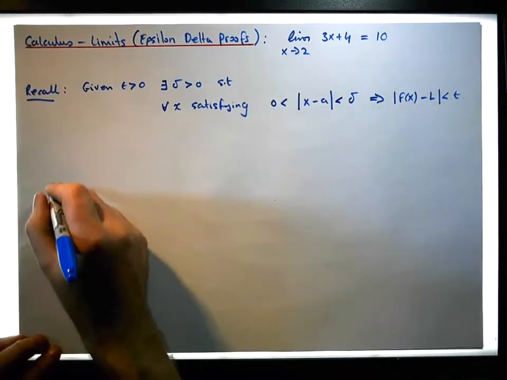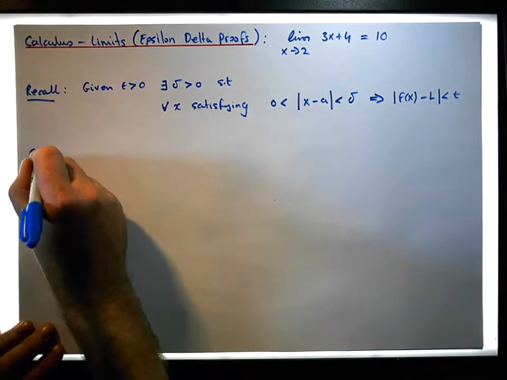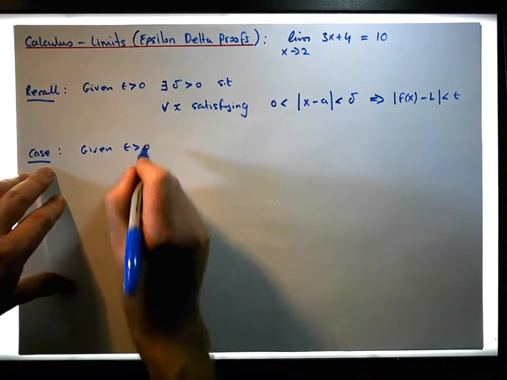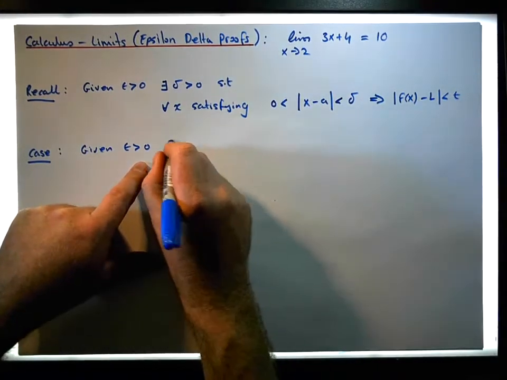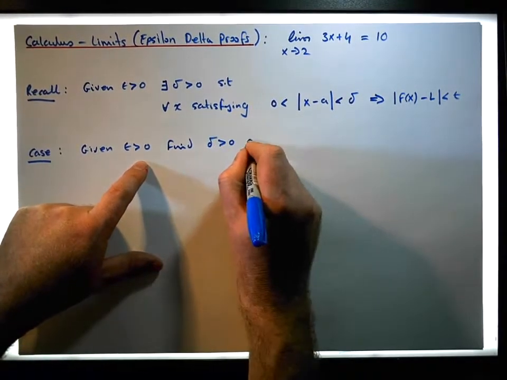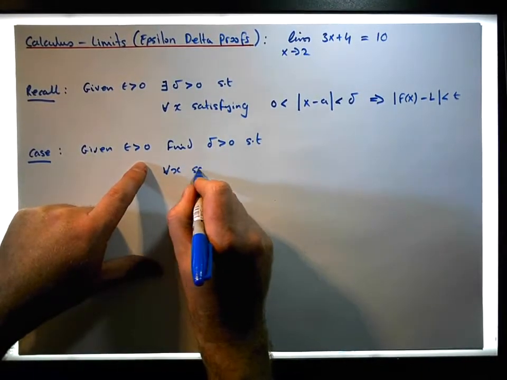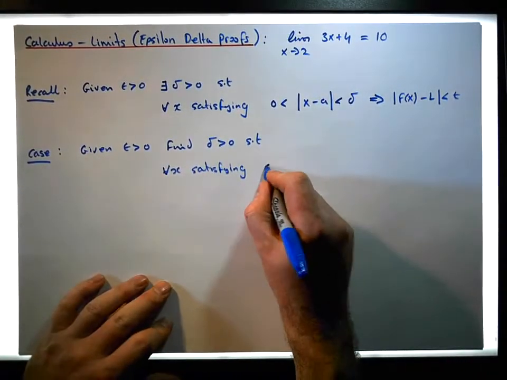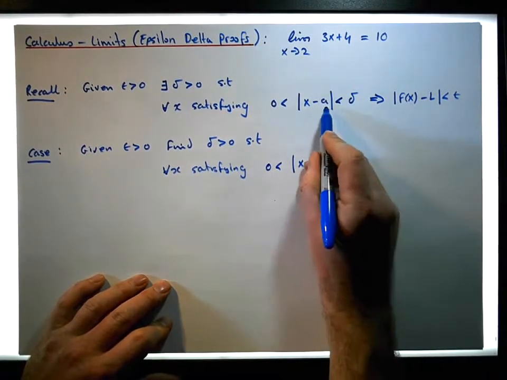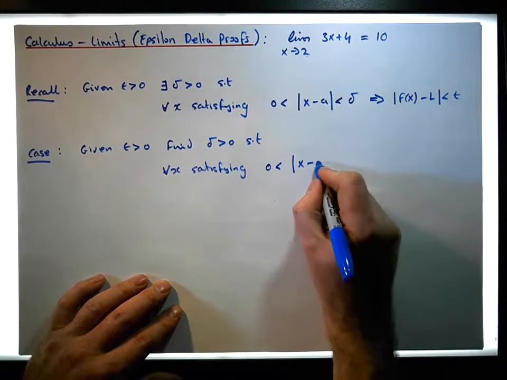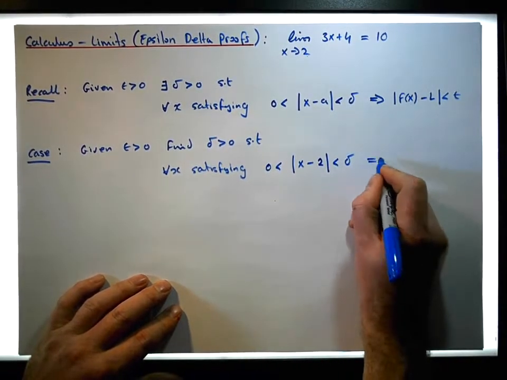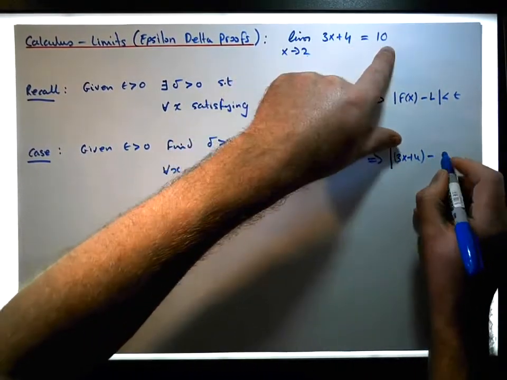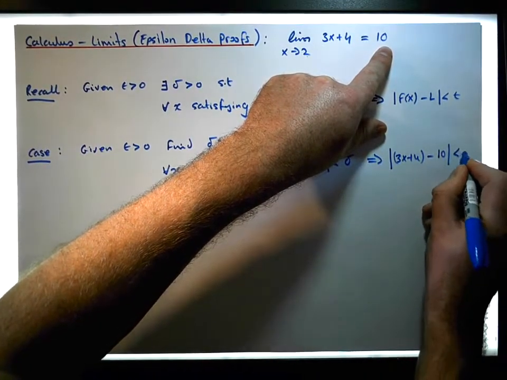So in this situation, what we need to do is, given an epsilon greater than 0, find a delta greater than 0 such that for each and every x satisfying this particular inequality, that 0 is less than the absolute value of x minus a, where a is where the limit is tending to, so x minus 2 has to be less than delta, that needs to imply that f of x, which is just 3x plus 4, minus L, the limit 10, has to be less than epsilon.